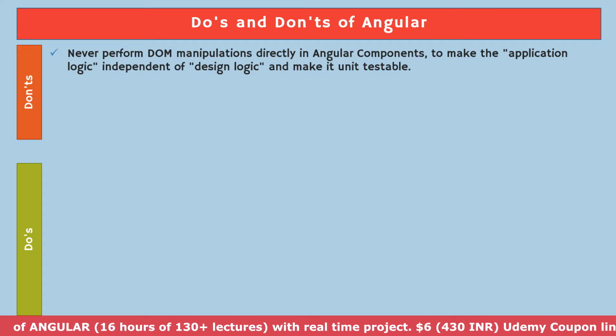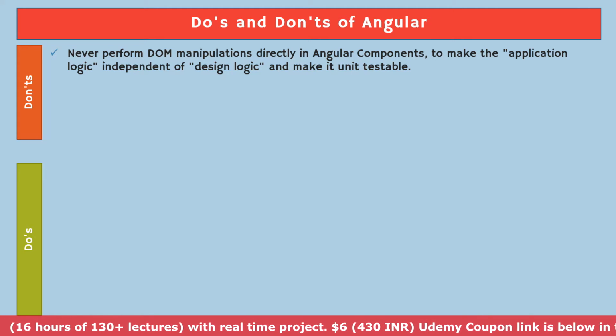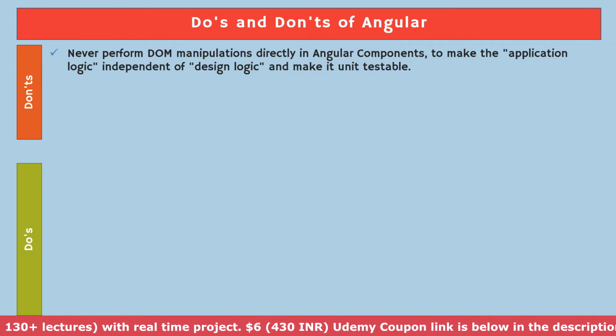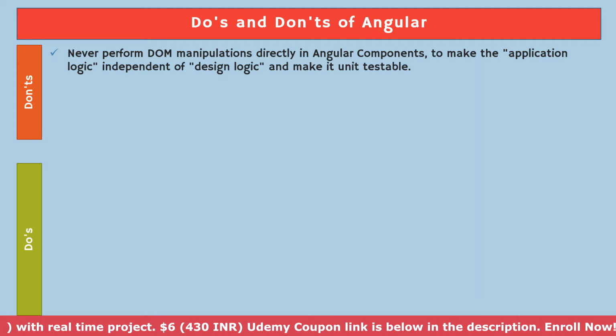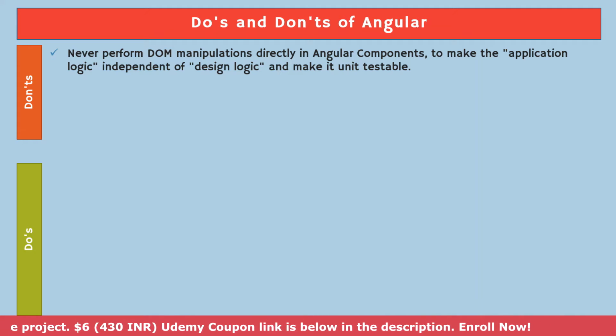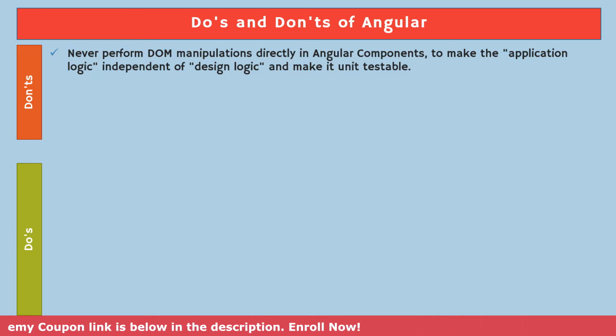For example, if you update the value of the product price variable, the same will be automatically updated in the corresponding text box or label in the page. Thus, you are making the application logic only manipulate data, but not manipulate the DOM directly. So it is unit testable at any time.